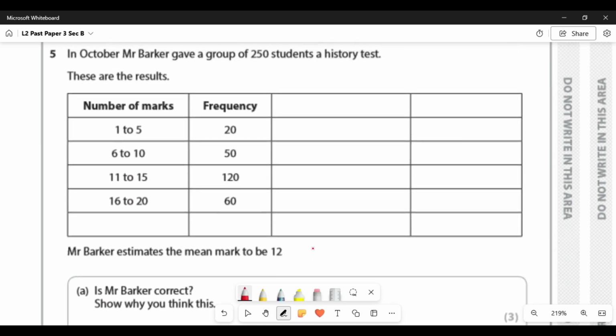So hopefully you've noticed this is obviously to do with estimating the mean. And what they're telling you is you need to fill these blanks in this table. So you've got the 3rd column and the 4th column.